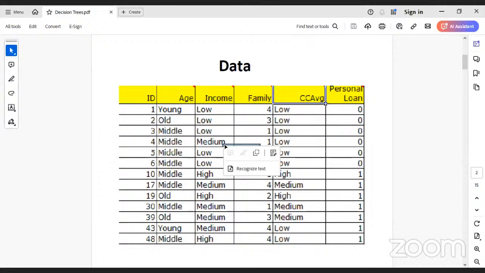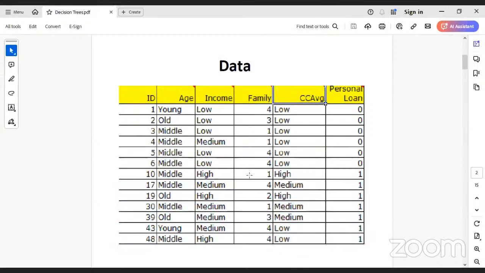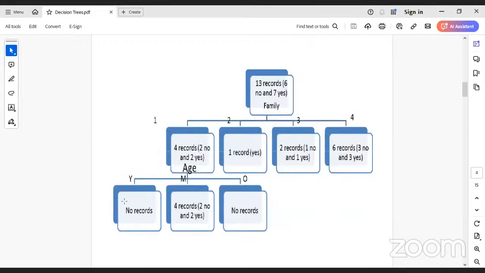Family is equal to 1, let us say the second record, again it is not young, it is middle. Let us look into the third record. Family is equal to 1, it is middle. And the fourth one, family is equal to 1, again in age it is middle. So for family is equal to 1, there is no record which is coming under the category young.